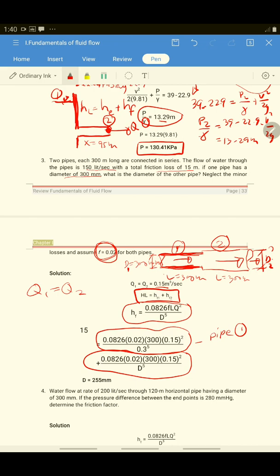Since the problem says to neglect minor losses, our head loss is only due to friction.